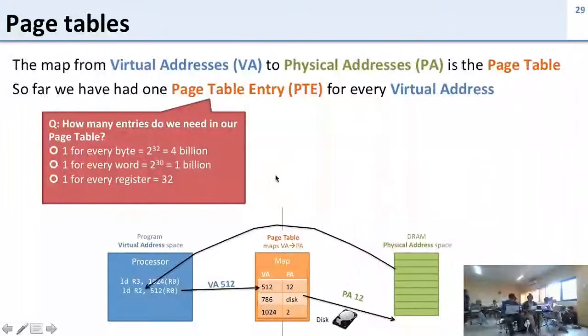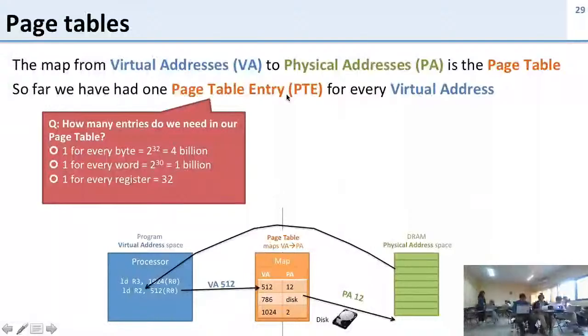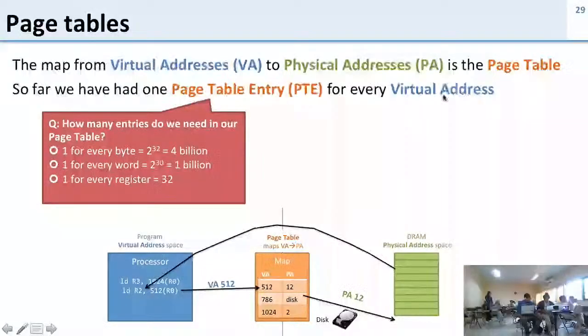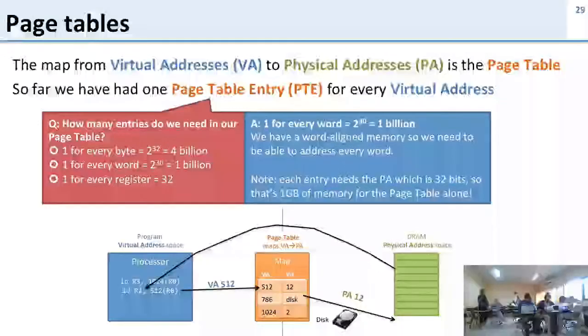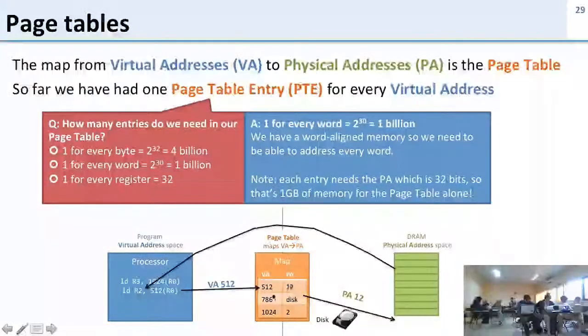So how big is this? If we need one entry in our page table for every virtual address, and remember virtual addresses are word access, how many do we need? Well, we need one for every word. So that's 2 to the 30, or 1 billion entries. So this table, for a 32-bit program address space, has to be able to fit 1 billion entries.